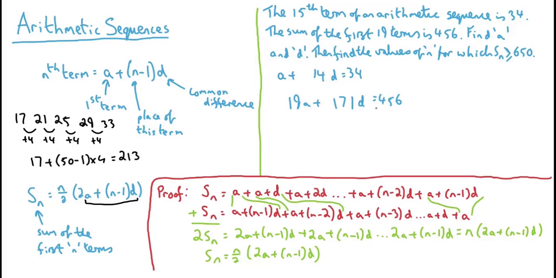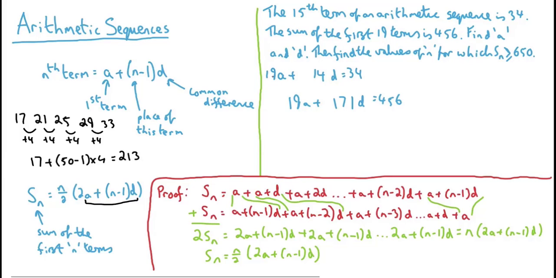How we deal with simultaneous equations is to make one of the letters have the same coefficient in both equations. We cannot solve while there are two unknowns, so we want to get to a stage where we can eliminate. Let's say we're making the a the same. The easiest way is to make this 19a match this 19a.